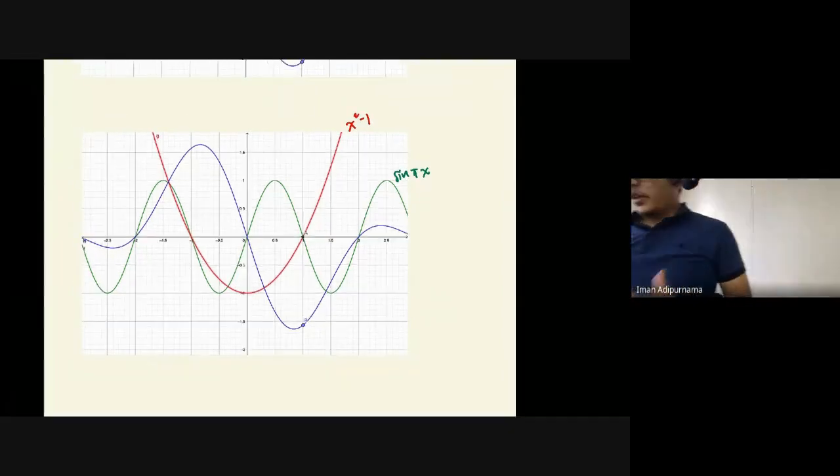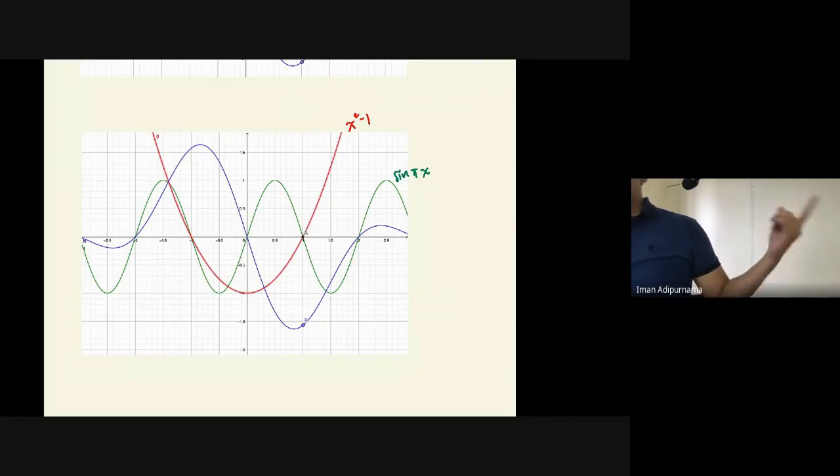Okay, I think we can have another section today. Let me move to related rates. If you still have difficulty or confusion, we can have some discussion next Tuesday.